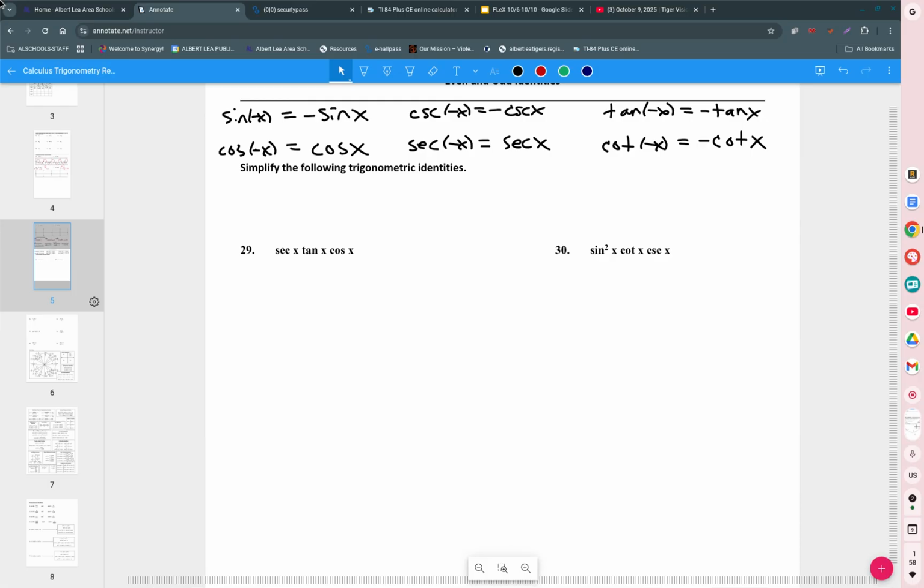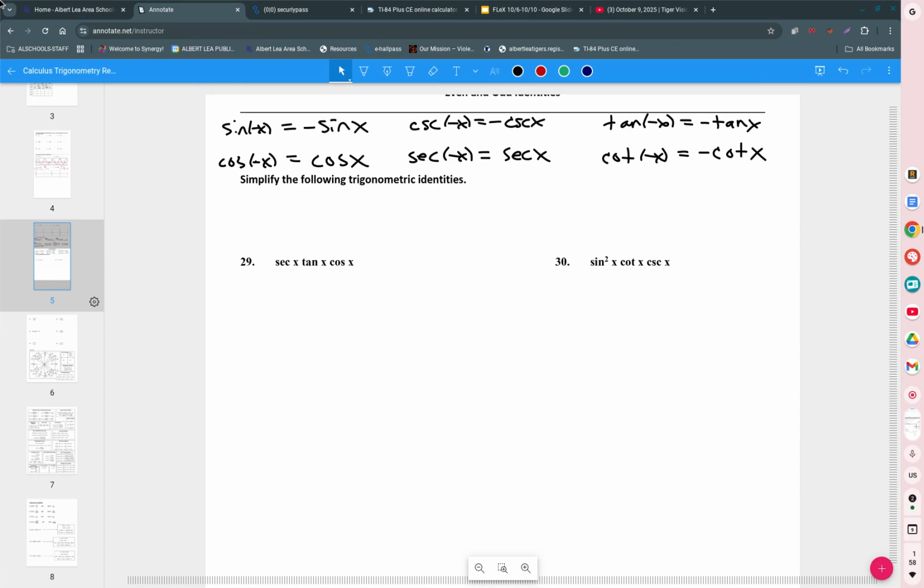So let's just finish off by simplifying a few of these things. I have the expression secant times tangent times cosine. How would you simplify that? Go ahead. Secant's 1 over cosine. 1 over cosine is secant times sine over cosine times cosine over 1.